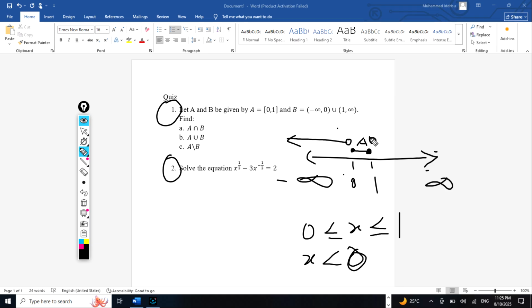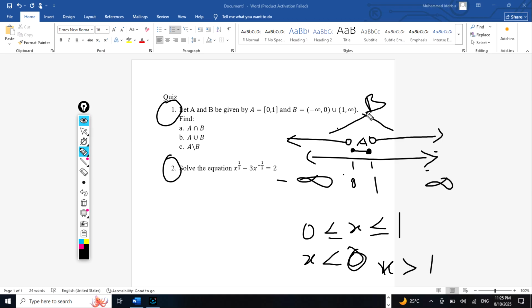It's just like some 1, so maybe x greater than 1. So 1 to infinity, excluding 1, 1 is not included, so all the way to infinity this time. Okay, and that makes out B, the union makes out B.